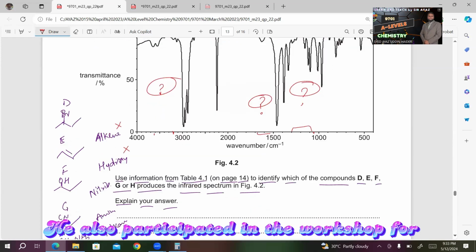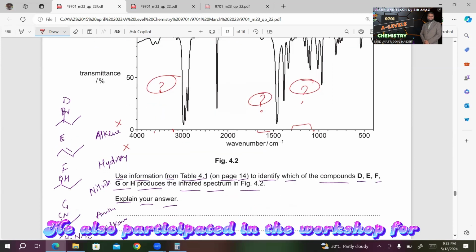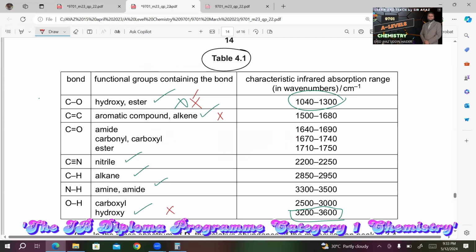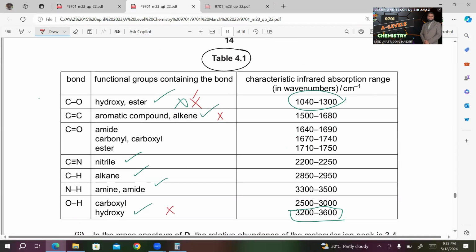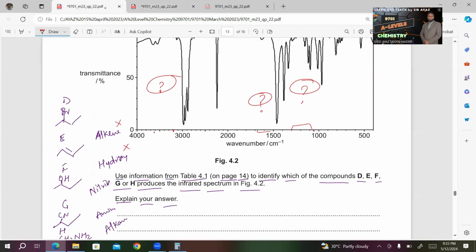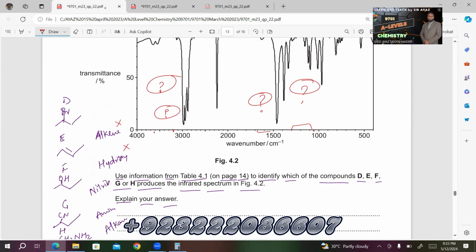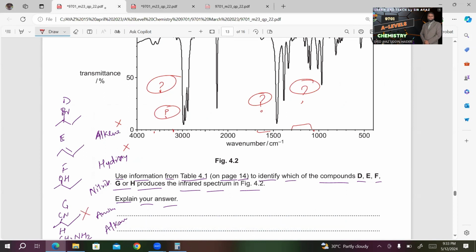We are left with nitrile and amine. Let's see amine. Amine must be 3300 till 3500. Again, no absorption. So amine is also absent.